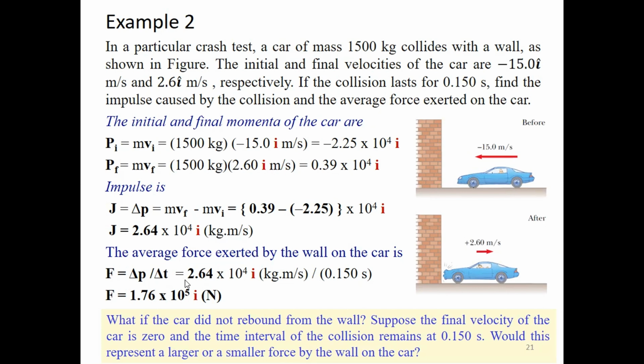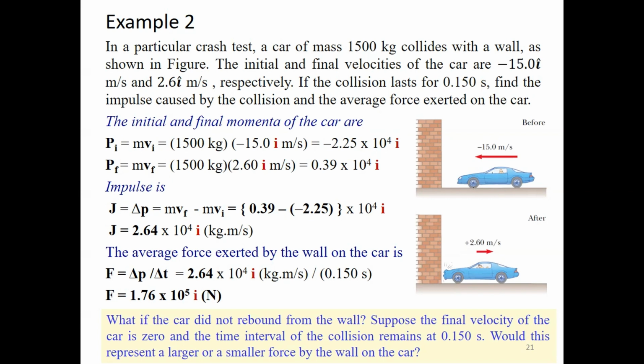The average force exerted by the wall on the car is then given by F average equal to delta P over delta T. Now, delta P is the impulse which is known to us, 2.64 into 10 to the power 4 i unit vector along the positive direction of the x-axis, divided by this time delta T, which is 0.150 seconds.